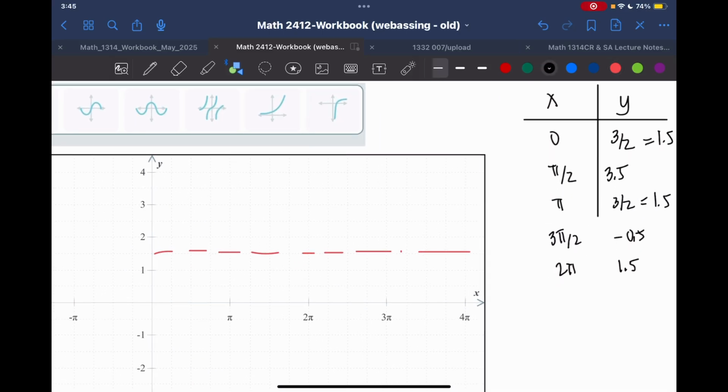So let's go ahead and graph our function. We have 0, 1.5. And then we have pi over 2, 3.5, right here. And then pi is at 1.5. 3 pi over 2 is at negative 0.5.